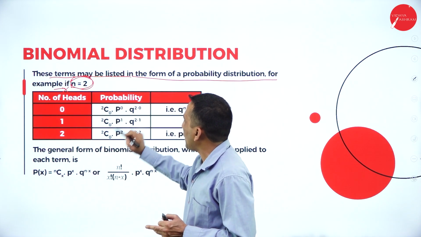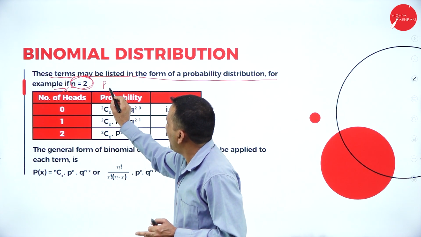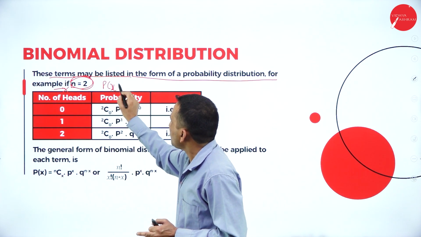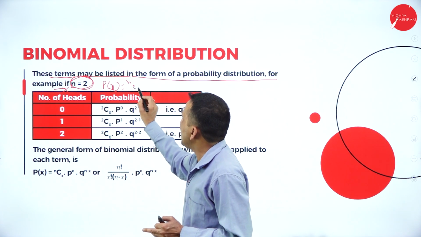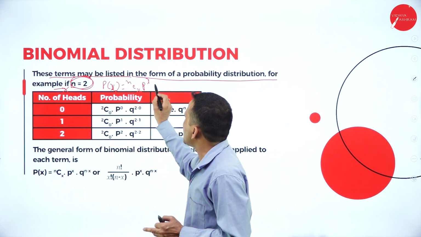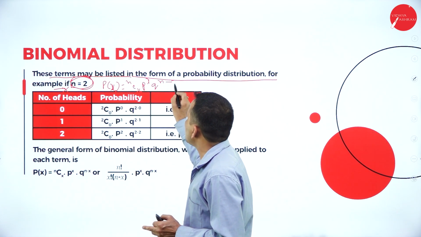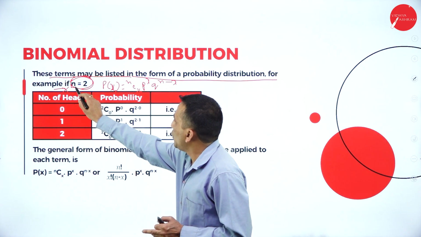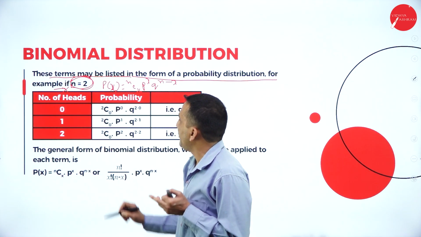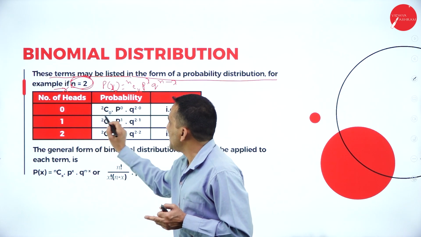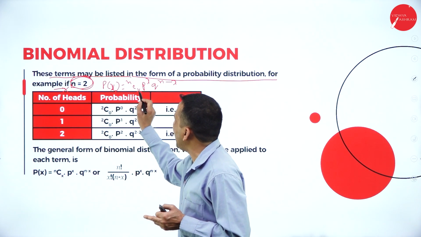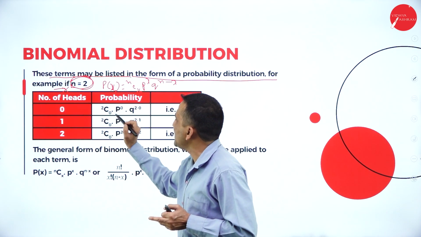If you write it in probability, this is the format: P(X) equals nCX, P to the power X, Q to the power n minus X. You know the n value is 2, which is given. So for the first experiment, wherever you find X, you just replace it with 0.